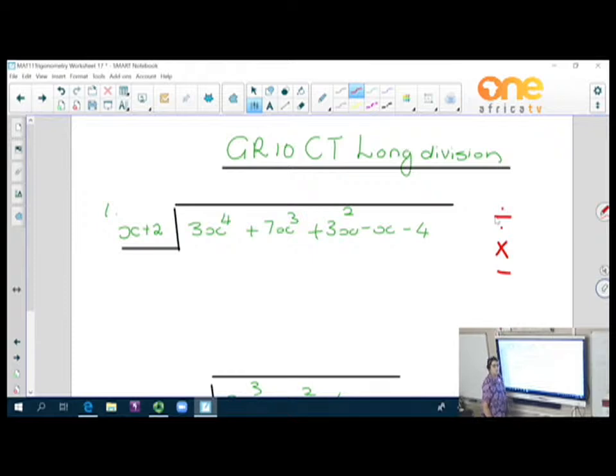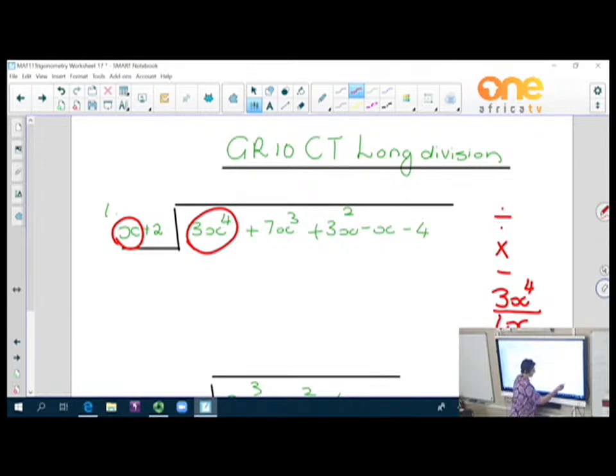You must follow those steps. So please look at your test, do the corrections in your test book, paste your test in your test book, and then look at your mistakes. So I'm reasoning, how many times will x divide into 3x^4? You have 3x to the power of 4 and you divide it by x.